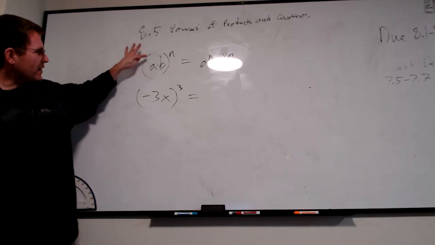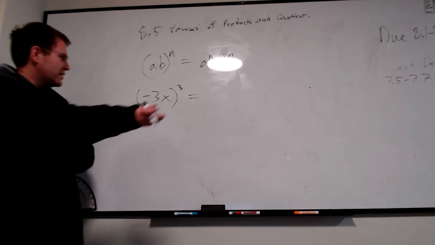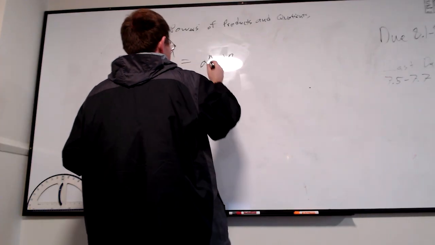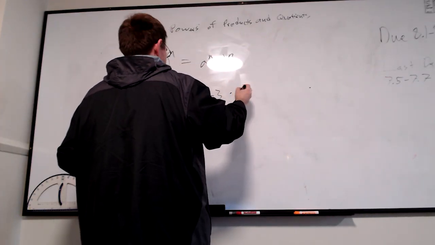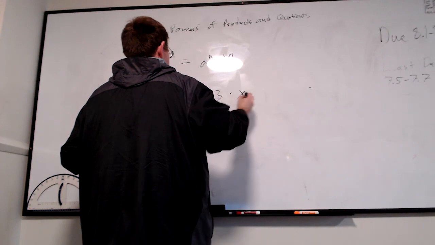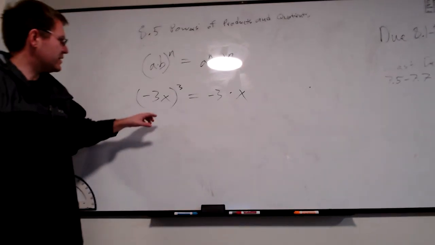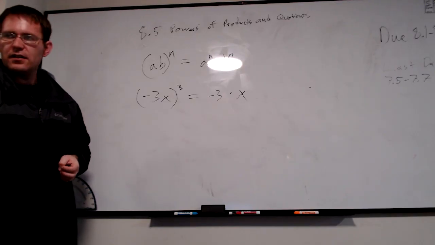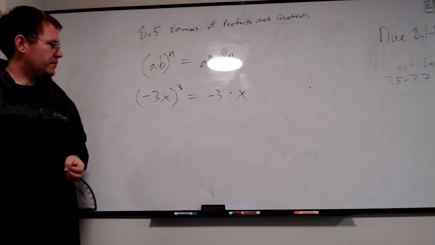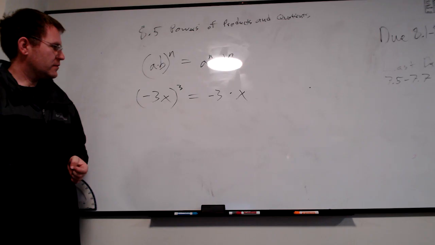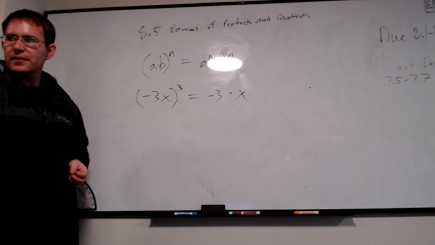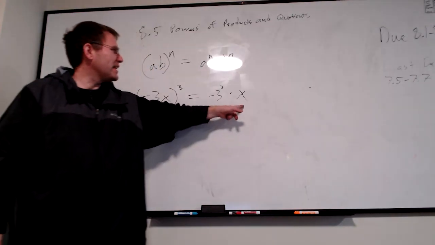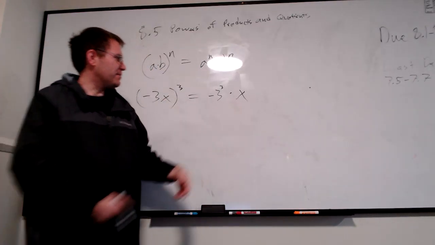We've got -3 and x. Okay, so we've got -3 times x. And then what's going on with the exponents? Three times. So -3 times x times -3 times x times -3 times x. -3 to the third power. Thank you. And then what would this be? The same. Yep.